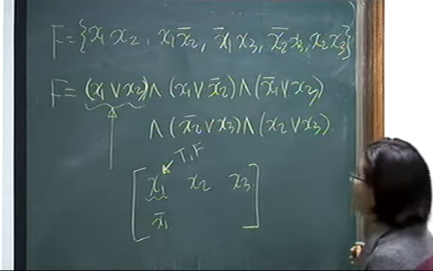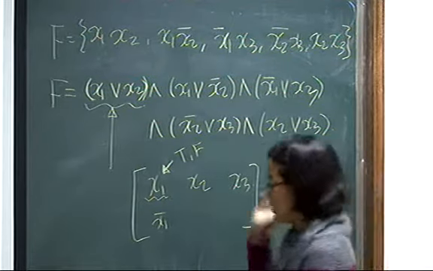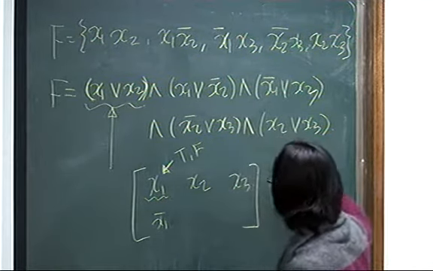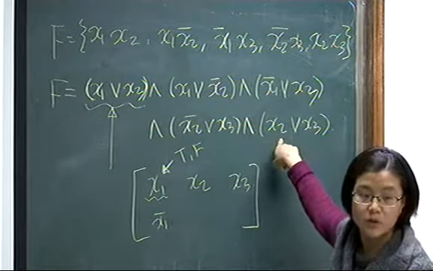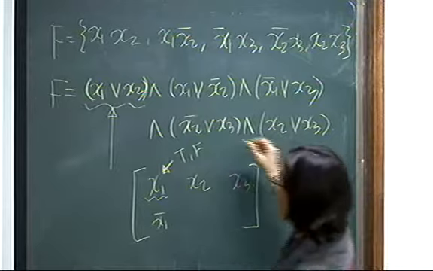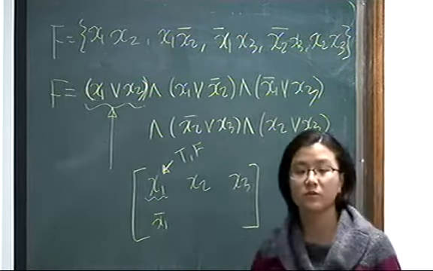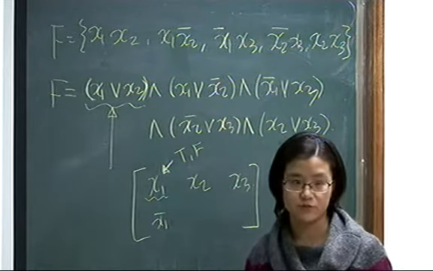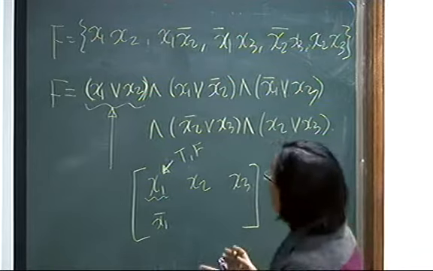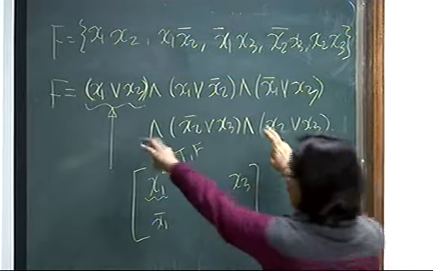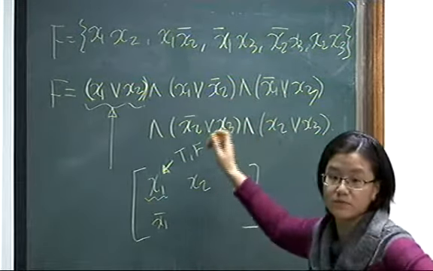If there is a feasible solution for a given CNF formula, then the maximum number of satisfied clauses will be just the number of clauses in this formula. But maybe there is no satisfying truth assignment. In that case, we want to find a truth assignment that satisfies as many clauses as possible.